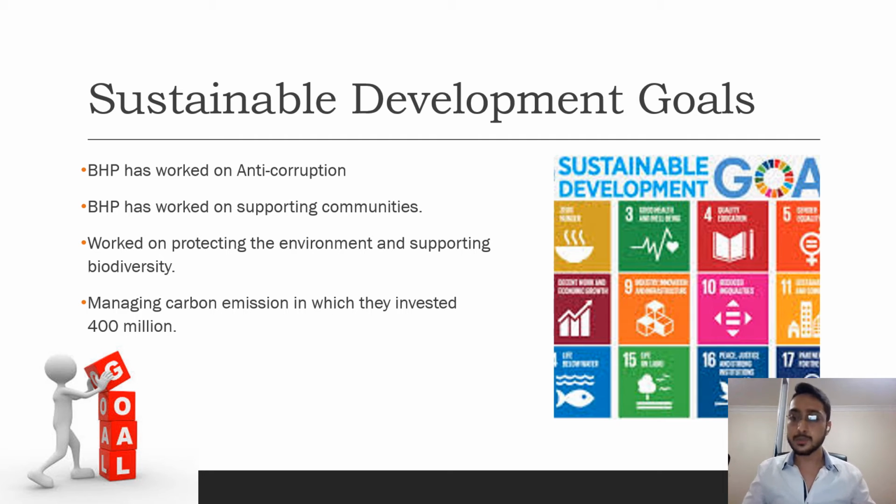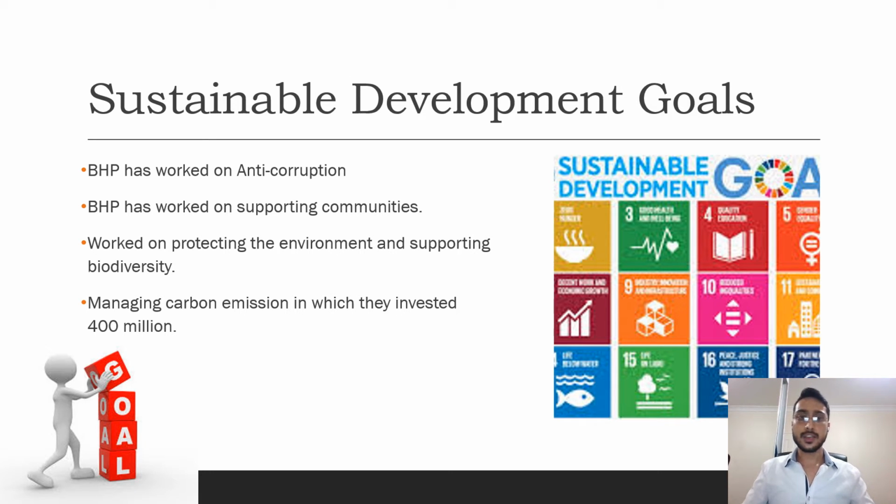The main thing BHP Billiton has done is on carbon emission. It has done significantly well, and it has invested $400 million in 2018, that is US million dollars, so that the carbon emission could be controlled. That's the biggest step it has taken, and it has also invested in technology and assets.